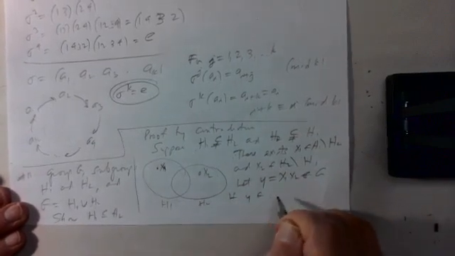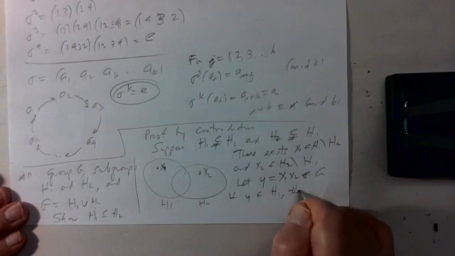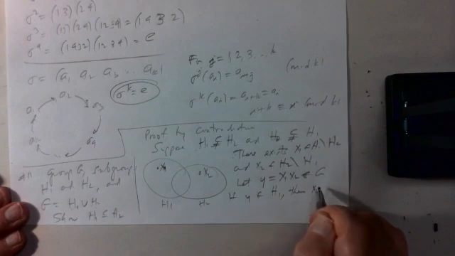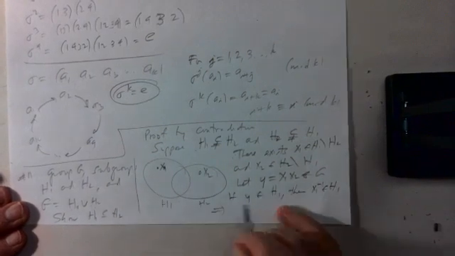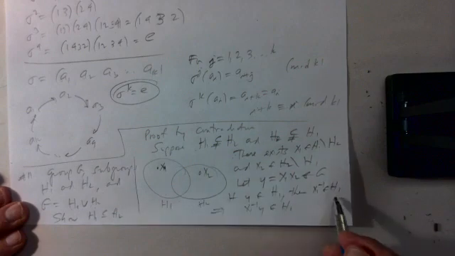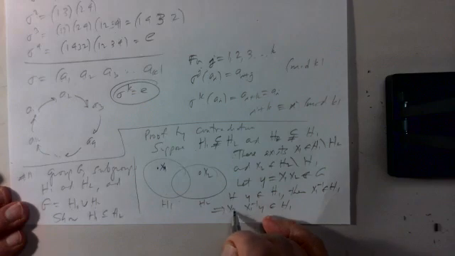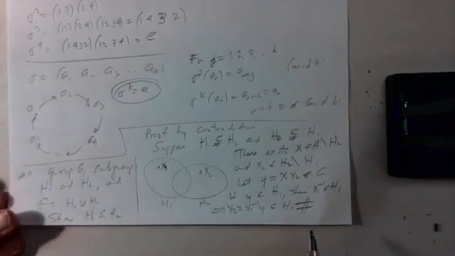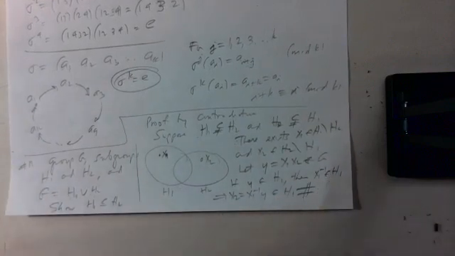So if Y is in H1, then we also know that X1 inverse is in H1 because X1 is in H1. So X1 inverse Y is in H1 because H1 is closed under multiplication. But X1 inverse Y is X2. That says X2 is in H1, and that's a contradiction. That's a proof. Thank you.